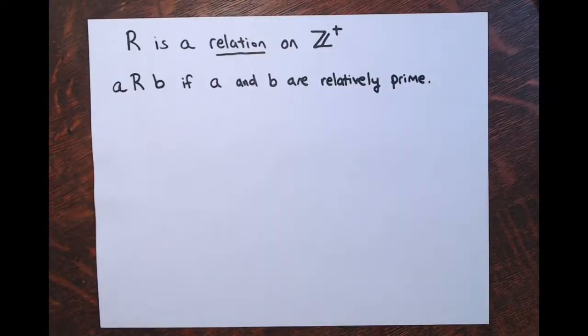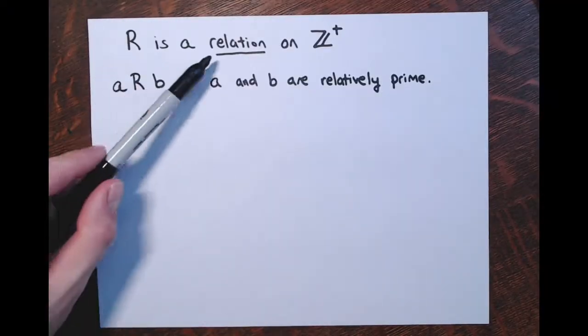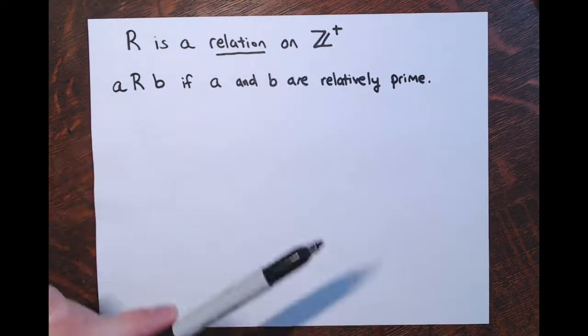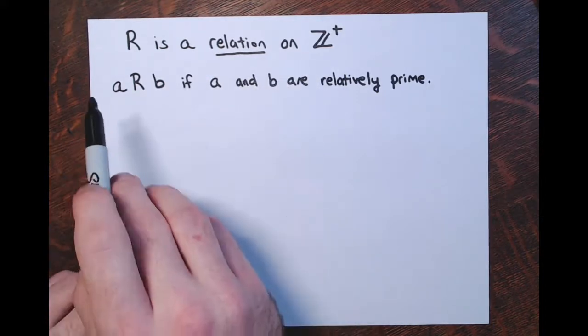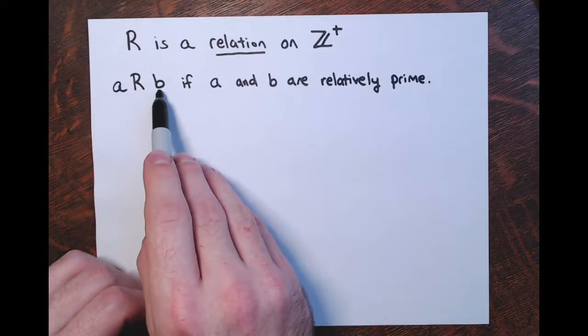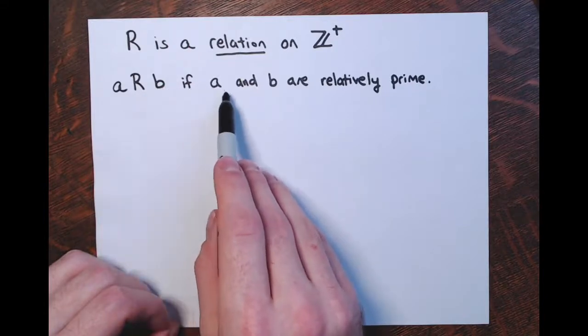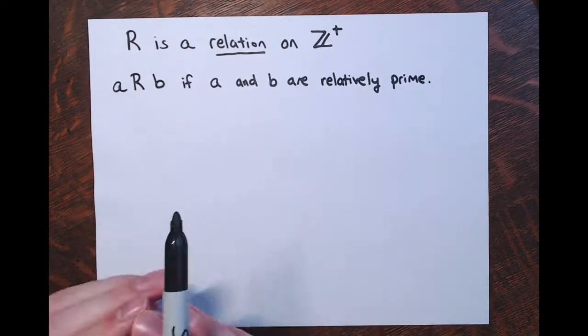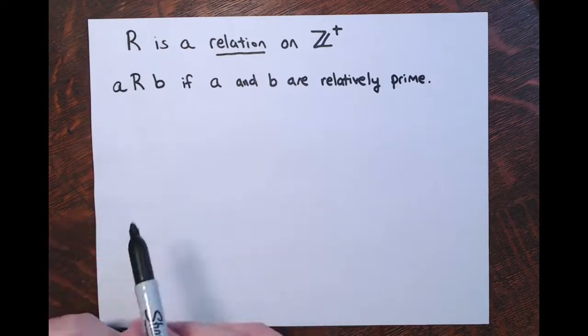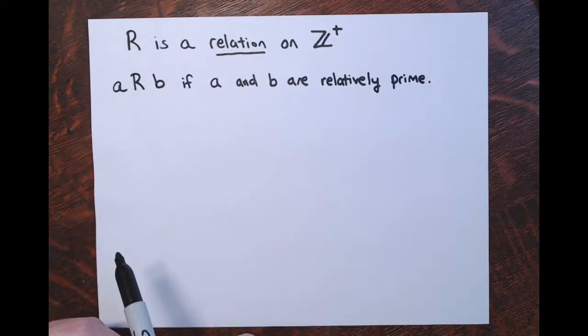All right. So here, R is a relation on the positive integers, and this is what they gave us. They say that one positive integer is related to another one if they are relatively prime, meaning the greatest common divisor of the two numbers is 1. Right? The largest number that goes into both of them is 1.